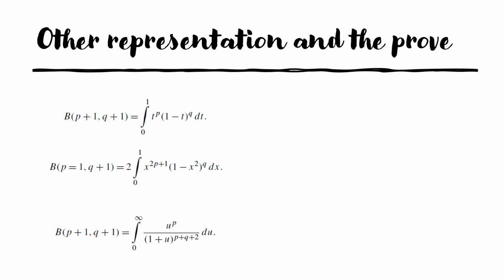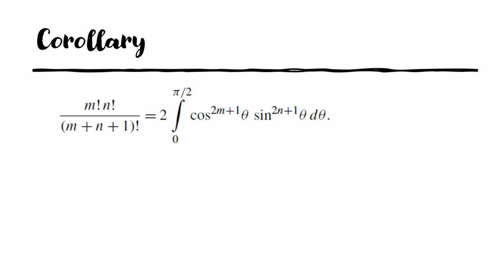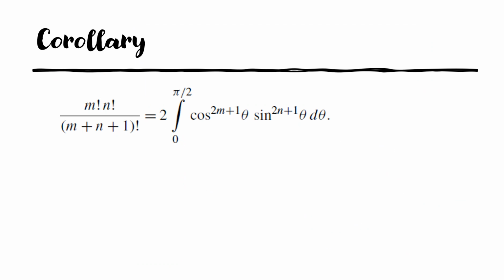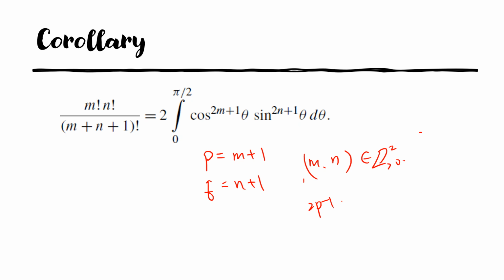One corollary is this: if we put p equals n plus 1 and q equals n plus 1, where m and n are positive integers, then 2p minus 1 is just 2n plus 1.